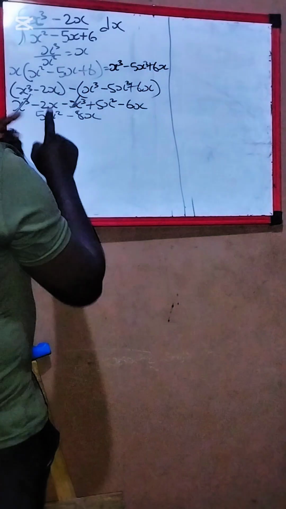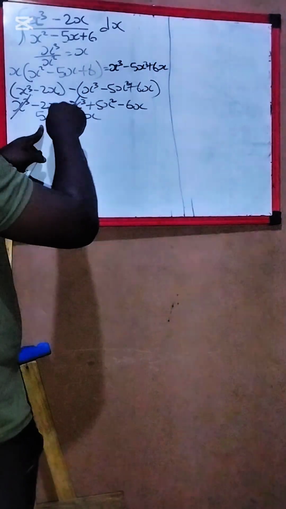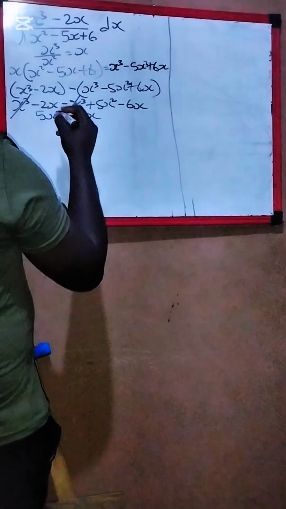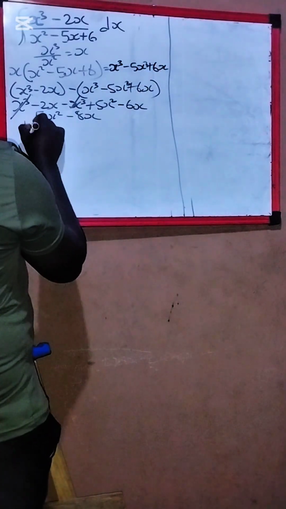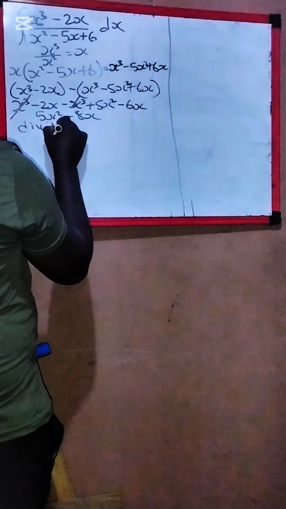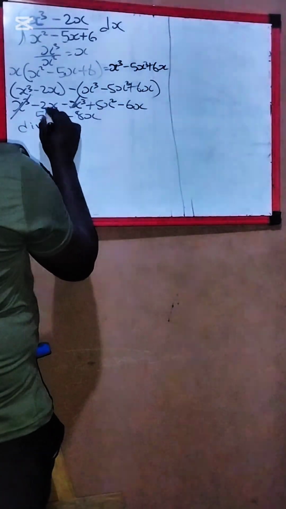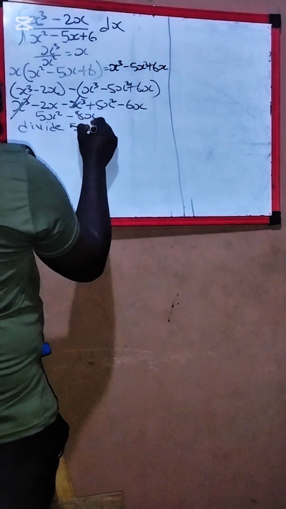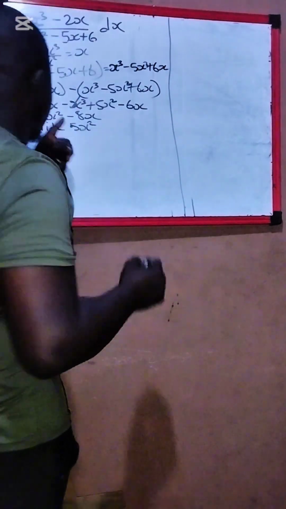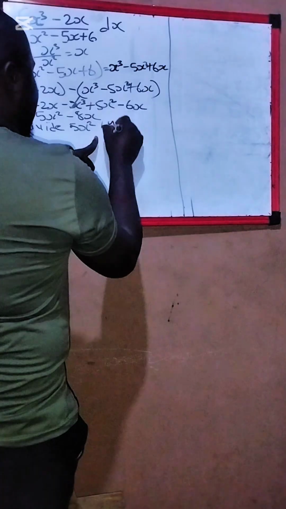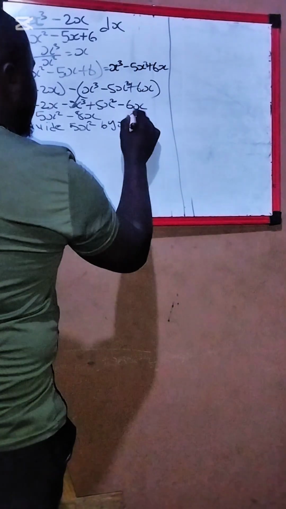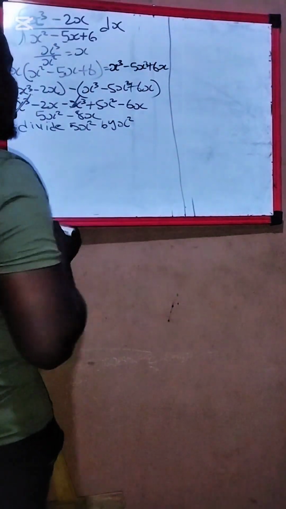Now we've already broken down from this to this. The next thing to do, we also need to break down this one. So we simply divide 5x by x squared, sorry, divide 5x squared by x squared.